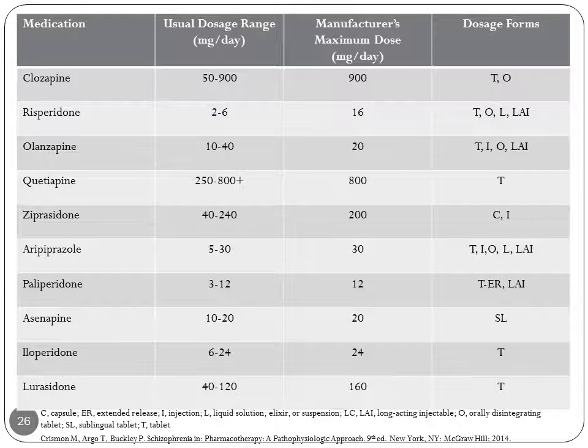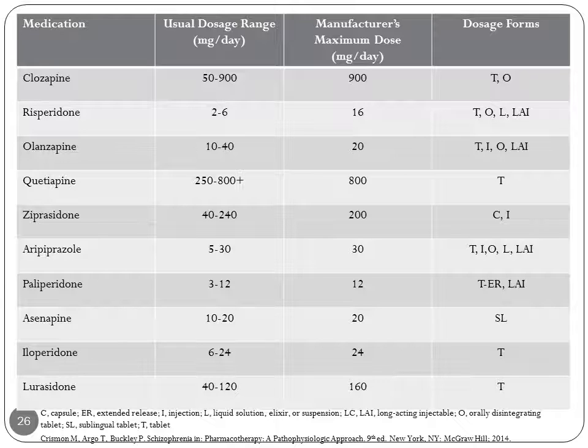Here are the dosing ranges for the second generation antipsychotics. And again, this is not for you to memorize. One thing I want to point out is that risperidone, we typically only dose it up to 6 milligrams per day. Although the manufacturer says you can dose it up to 16 milligrams per day, this really increases the risk for extrapyramidal symptoms. So that is why we do not see doses really exceeding 6 milligrams.